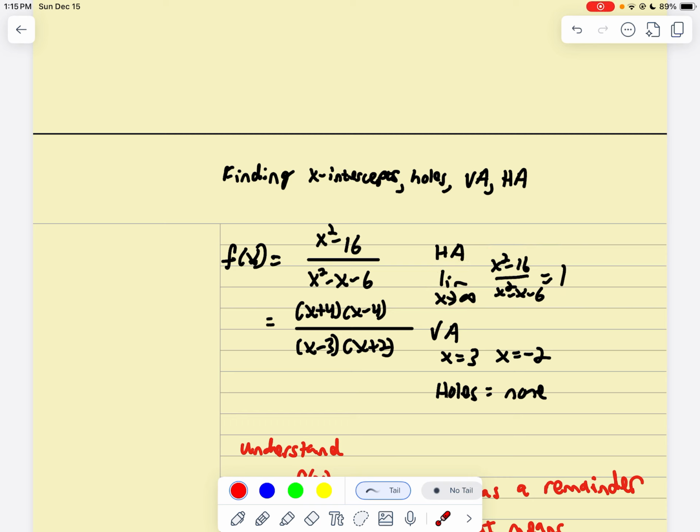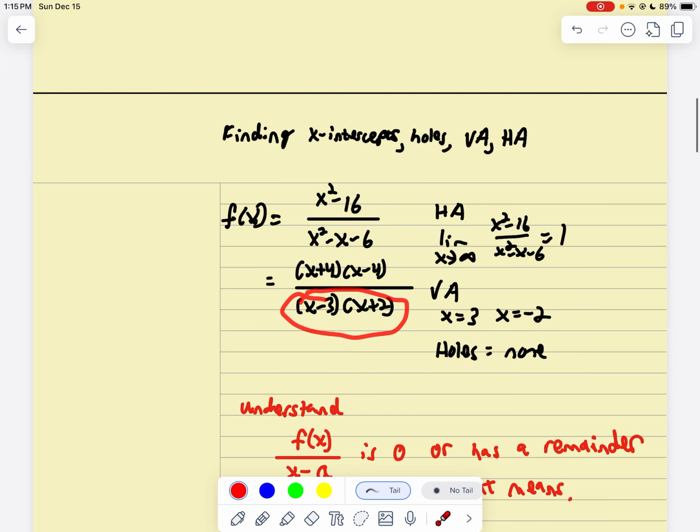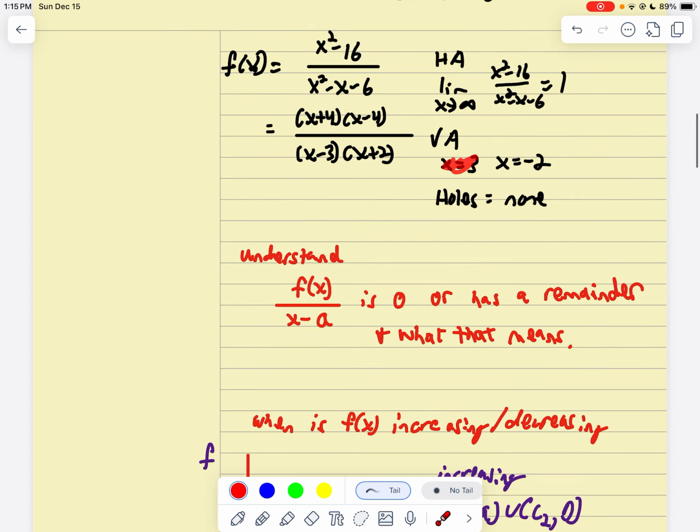You can look for holes or vertical asymptotes, which are when the bottom goes to 0, as long as there's no common term on top, then those are vertical asymptotes. This has no holes, but it does have 2 vertical asymptotes. If there was an x minus 3, then there would be a hole at x equals 3, and that would not be a vertical asymptote.